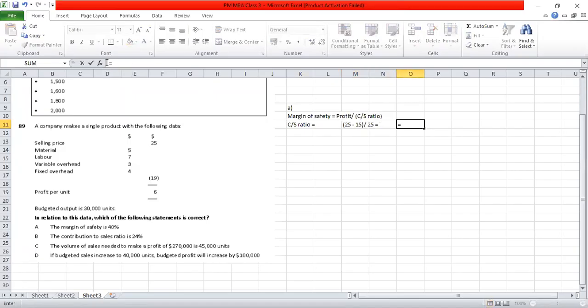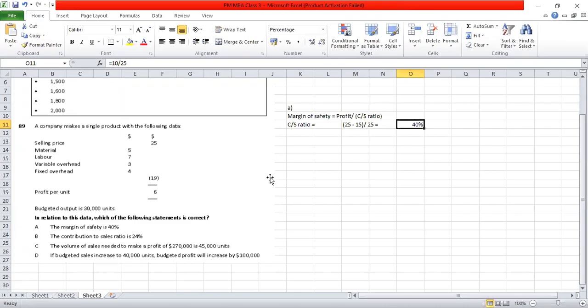We have it as 10 by 25, 40%. Material is 5, labor is 7, and variable overhead is 3, so variable cost is 15.